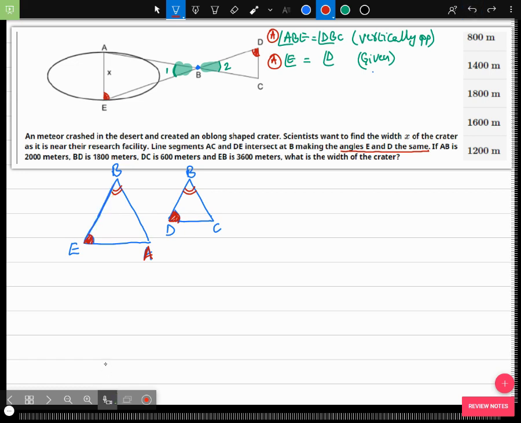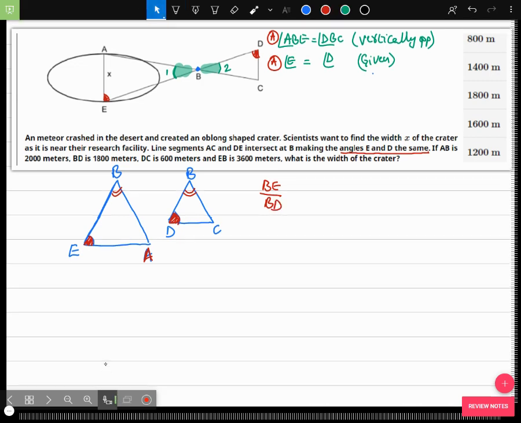Let me write them. If two triangles are similar, then the sides are proportional.